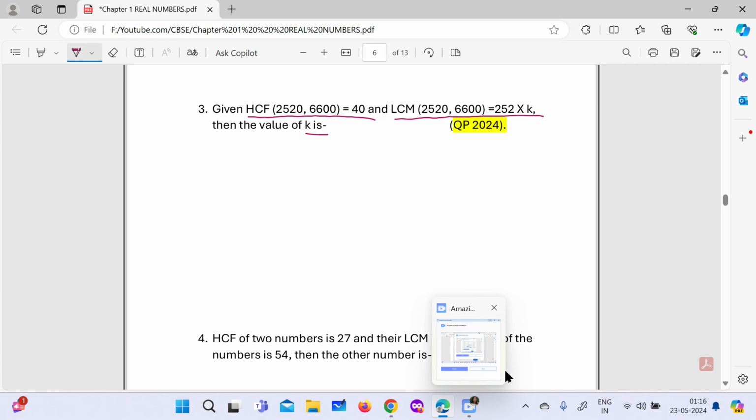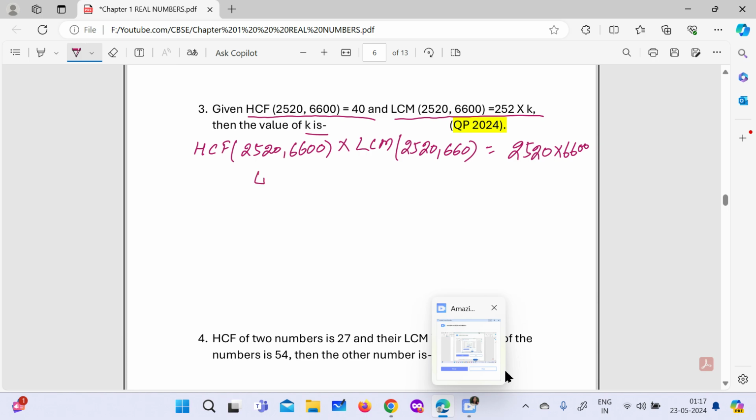So let's do this. Again, we have the same rule. HCF of 2520, sorry, this has to be comma 6600, times LCM of 2520 comma 6600 equals the product of the numbers, that is 2520 times 6600. We substitute the values.